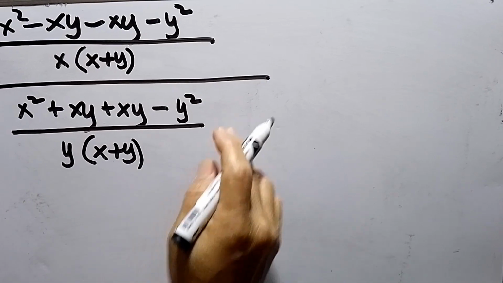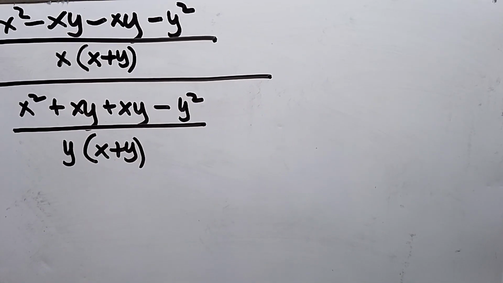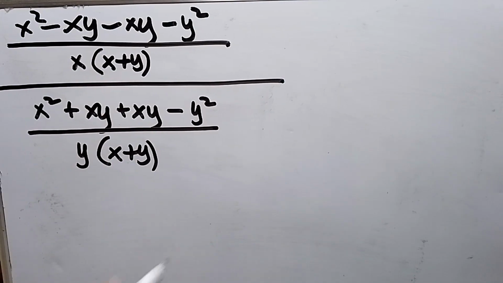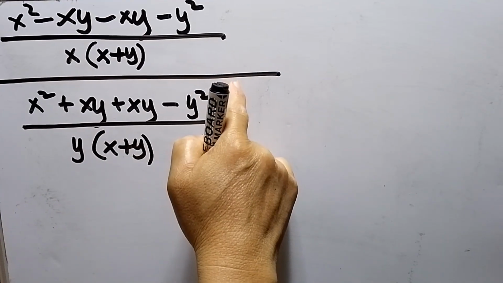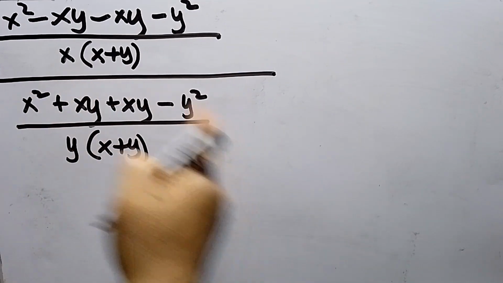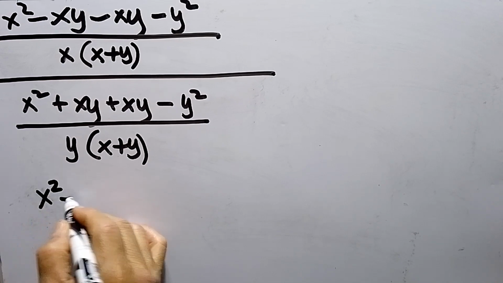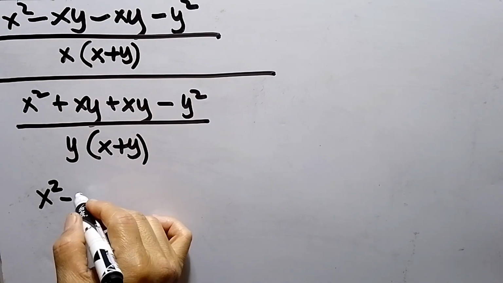Okay, so this one is a complex rational expression, so I need to simplify this one. I need to change this operation to multiplication, then take the reciprocal of this fraction. So this will be x squared. I need to copy this one first.